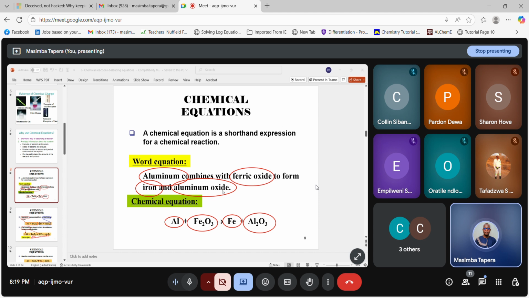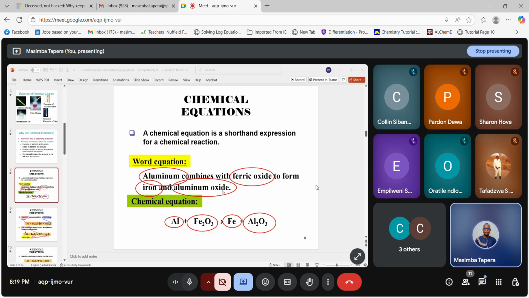For example, here in the word equation, we are saying aluminium reacts with ferric oxide to form iron and aluminium oxide. And when we use a chemical equation, we can illustrate by just putting Al for aluminium, Fe2O3 for ferric oxide to give us iron and aluminium oxide.